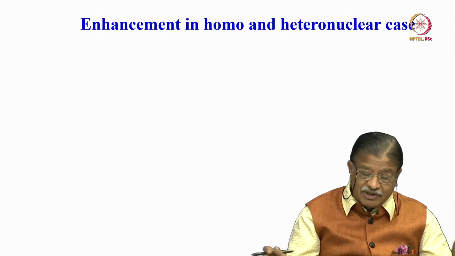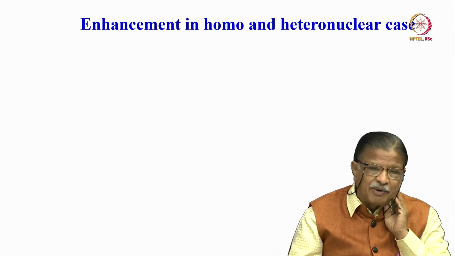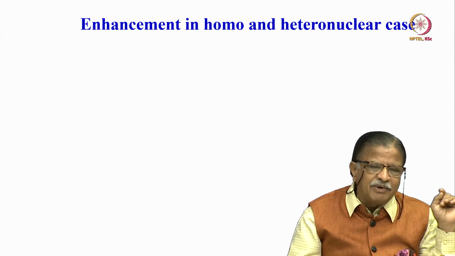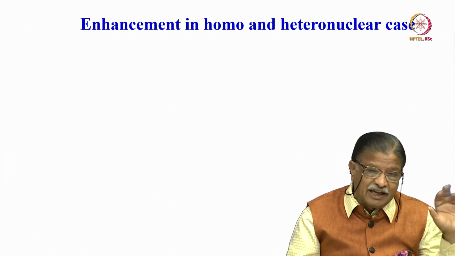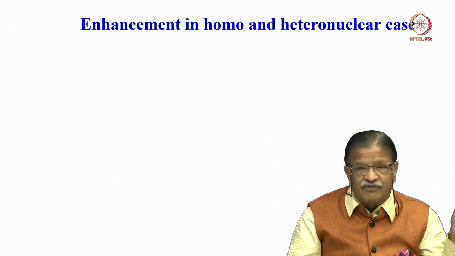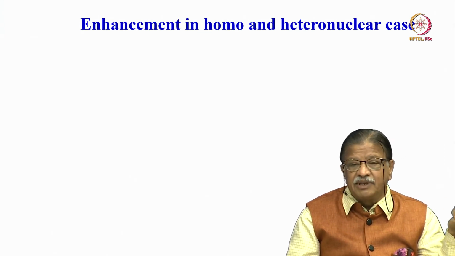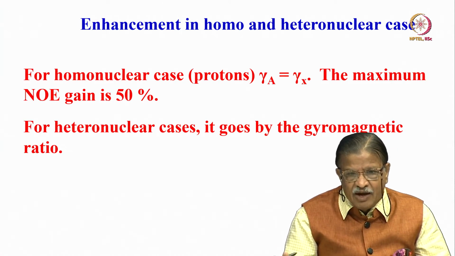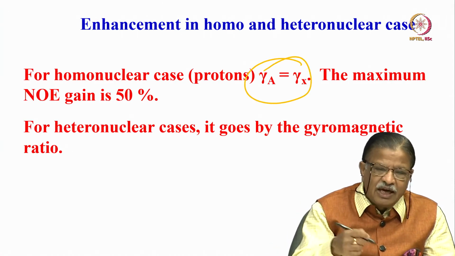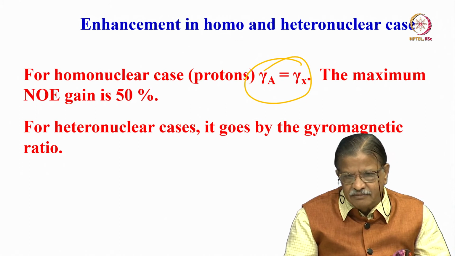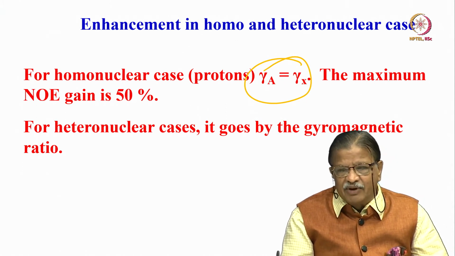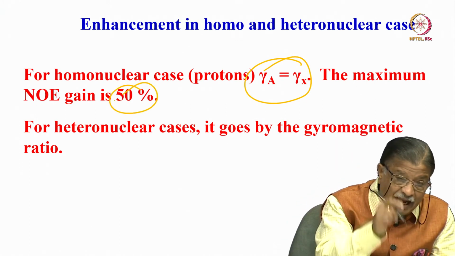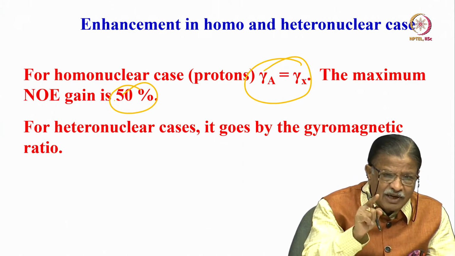Remember, at one stage we said it depends upon the ratio of the gammas. What happens if you consider a homonuclear case with identical gammas or a heteronuclear case with different gammas? How does the enhancement change, or what will be the enhancement? Let us see. For the homonuclear case, of course, we know gammas are identical. The maximum NOE gain you get is 50%, remember. Maximum NOE in the homonuclear case is 50%.